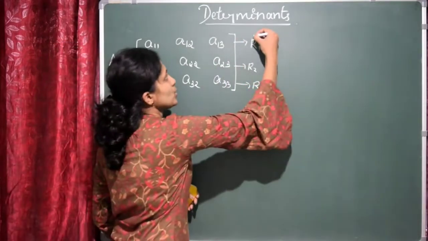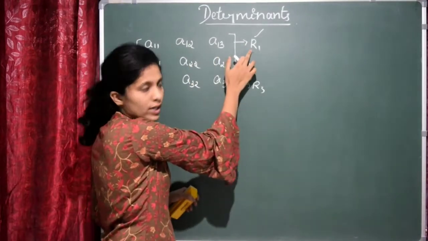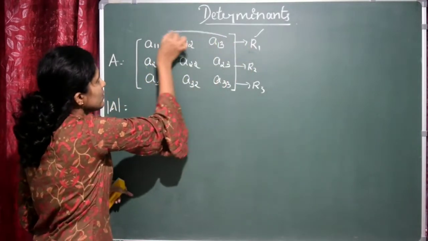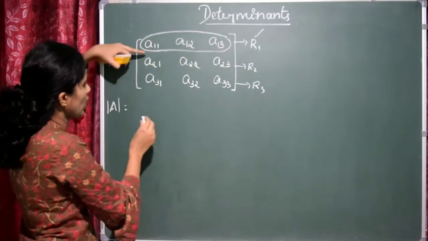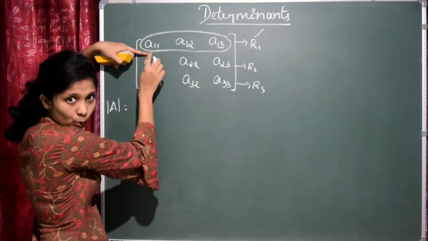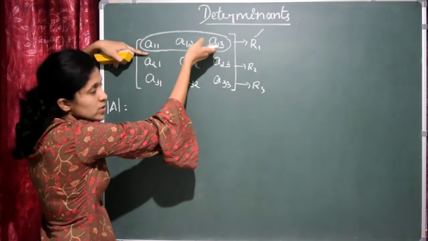Let me explain how to find the determinant by using row 1, which is A11, A12 and A13. Now you are expanding the determinant along the first row.